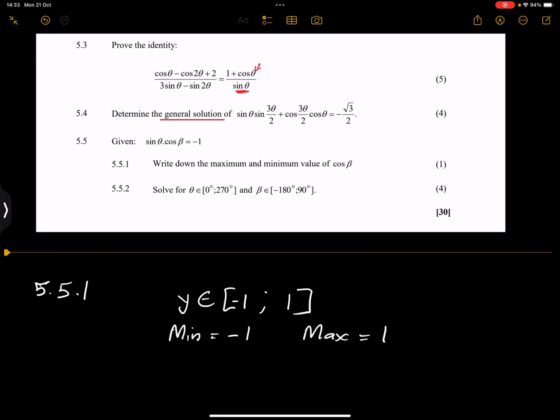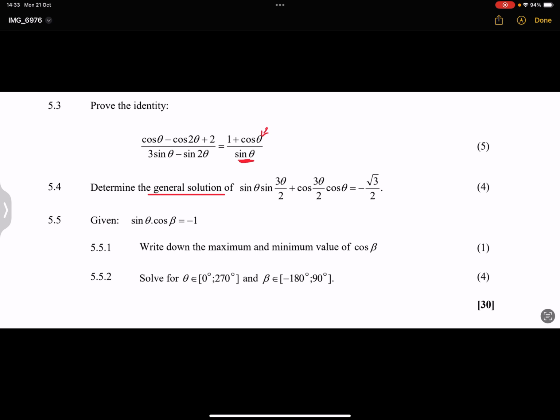Now they say to us in 5.5.2, solve for theta, which is an element of 0 to 270, and beta, which is -180 to 90. So we need to now solve for theta and beta in that case.